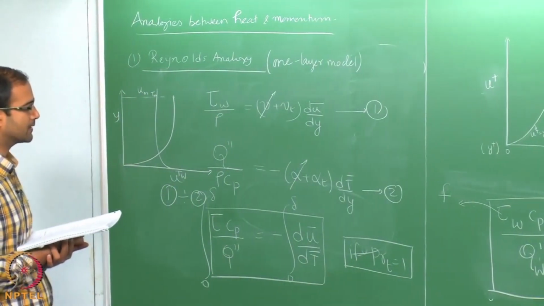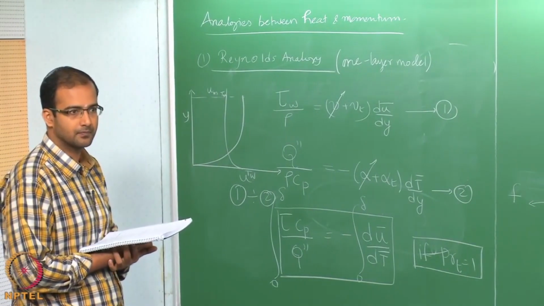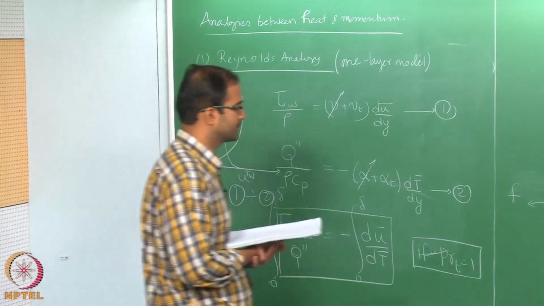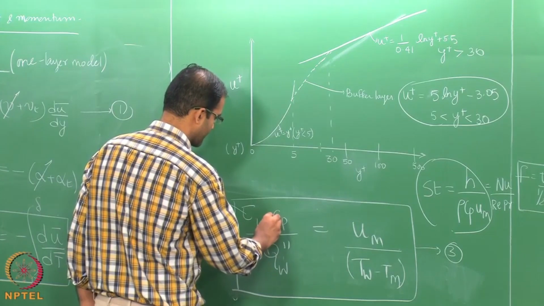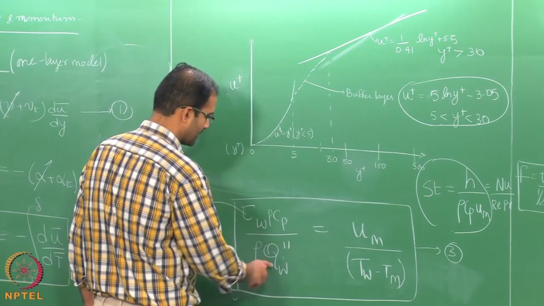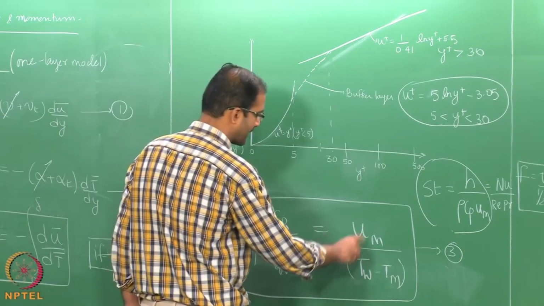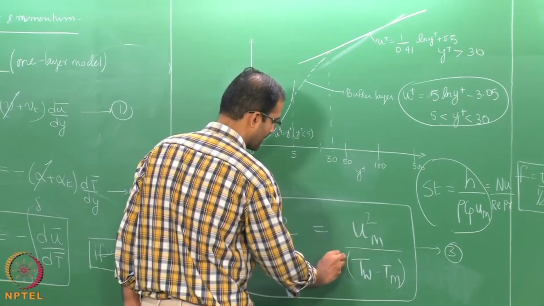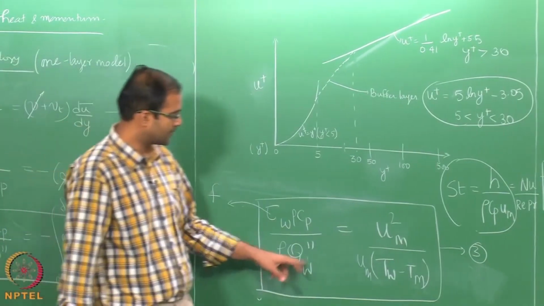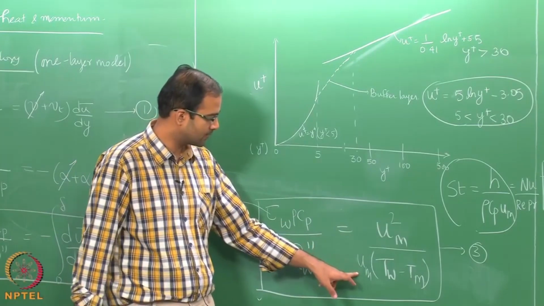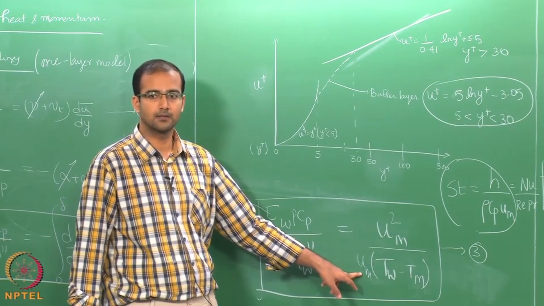And h is nothing but q wall double prime by T wall minus Tm. Okay. By, for example, rho Cp, numerator and denominator. So, q wall by T wall minus Tm is h by rho Cp, I can multiply numerator and denominator by um, right. So, this will be h by rho Cp um, that will be Stanton number, okay.